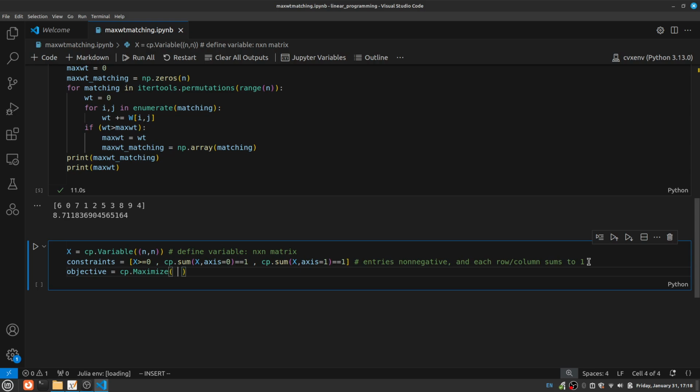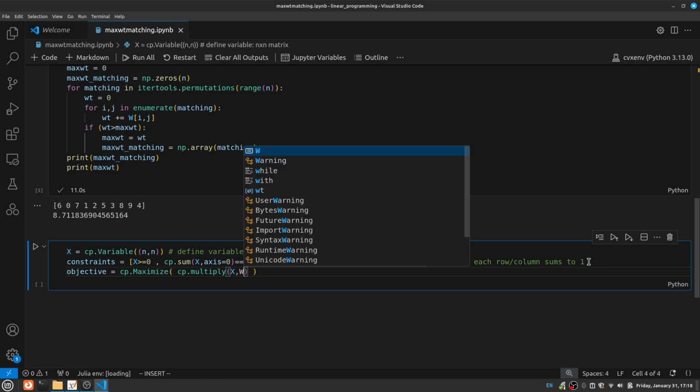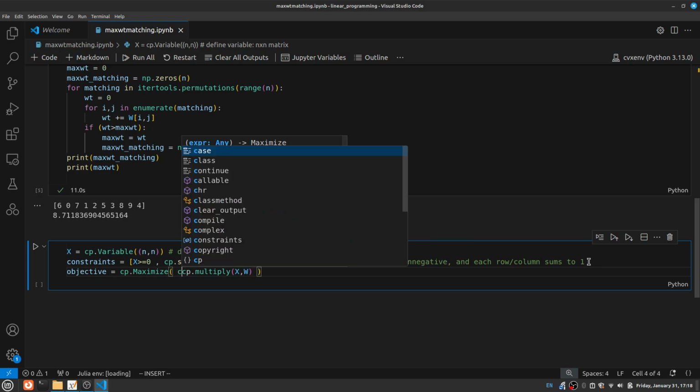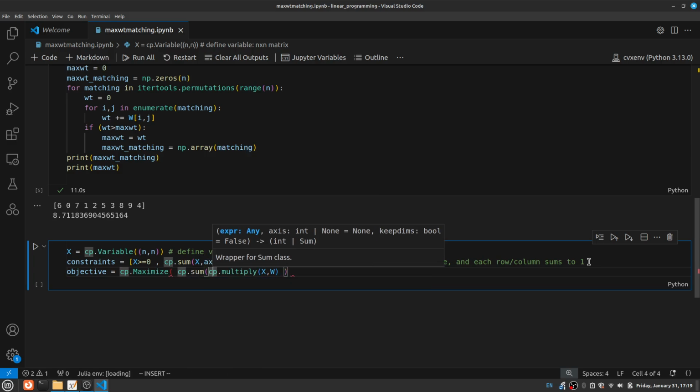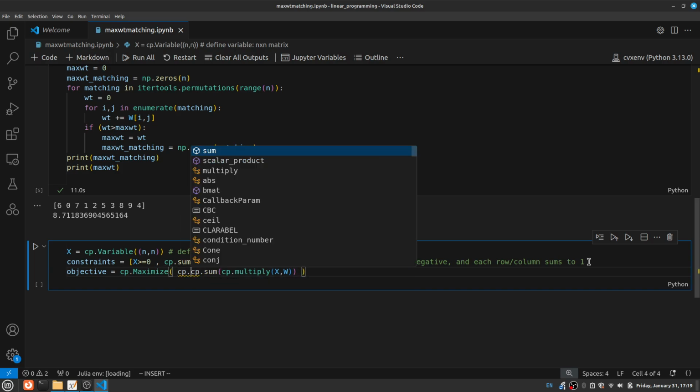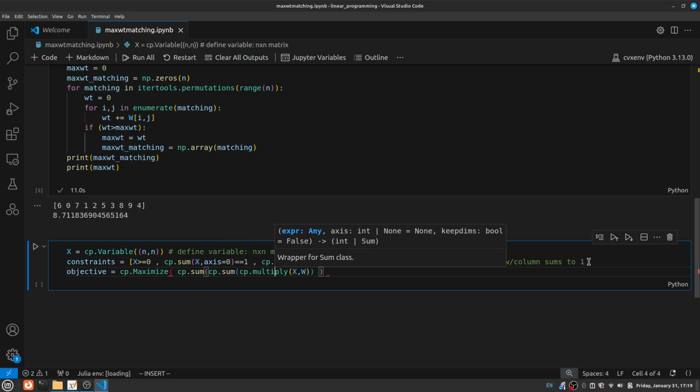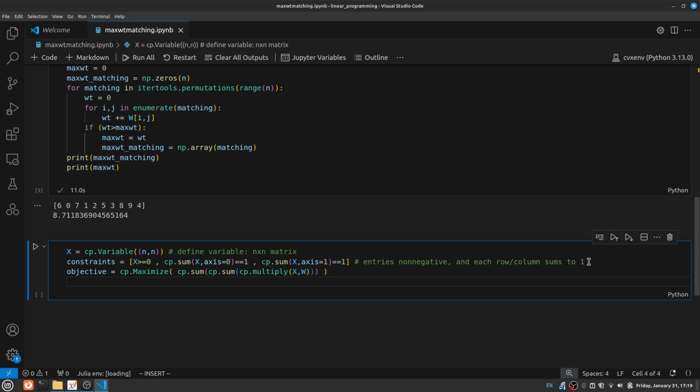So it is cp.multiply of x comma w, and then I sum. I think it only sums the columns, so let me just do this. So I have my variables, I have my constraints, I have the objective. It's up to me to verify that this is a convex optimization problem. And this is a convex optimization problem as it so happens.